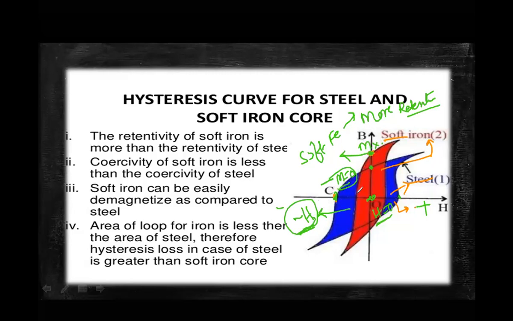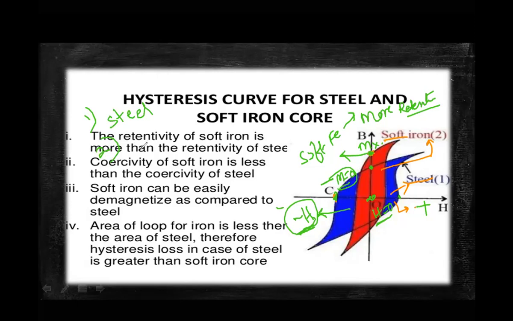If I ask a question, I can make 4 or 5 questions from this. Which of these two materials has more coercivity? Steel. Second question: which material has less coercivity?